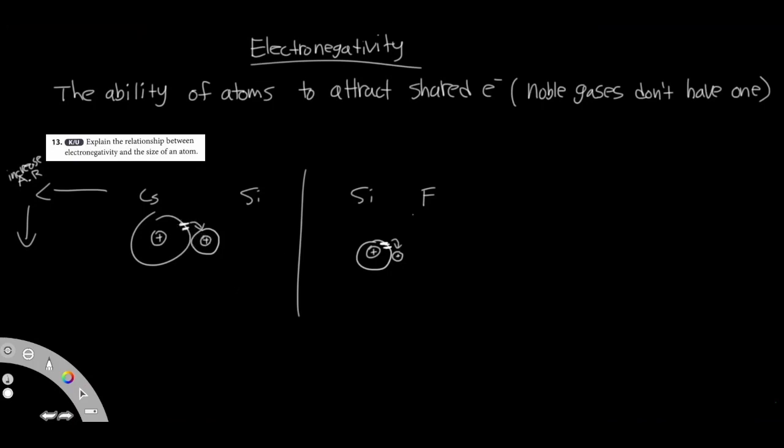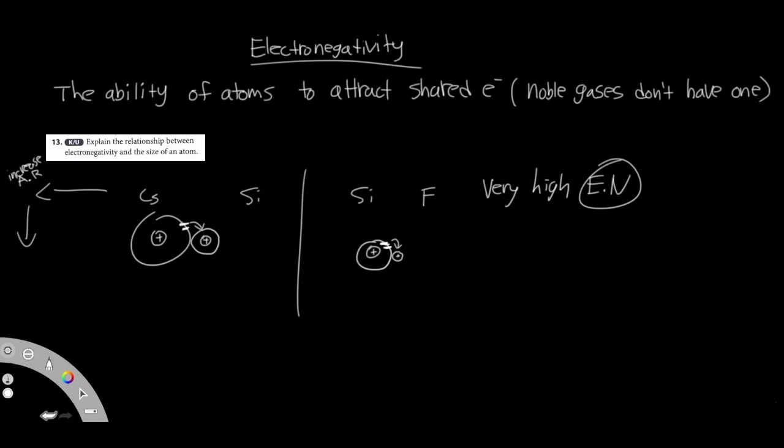This is why fluorine has such a great ability to attract these electrons that are being shared between the two to the middle of its nucleus. This is why fluorine has very high electronegativity, because it is so small.